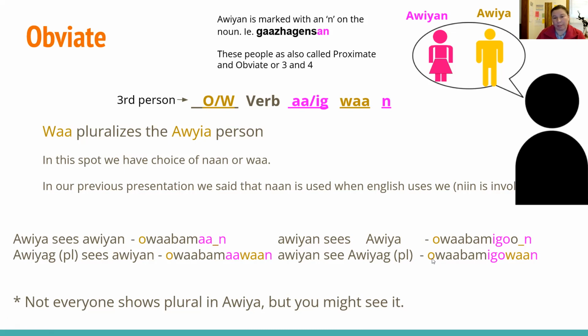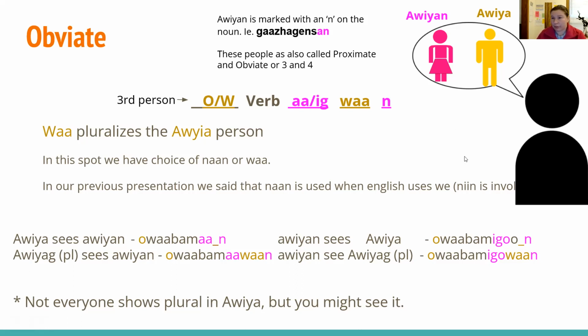So, they are doing to another. In this one, you can see that this spot is left blank. O wa baman. And so we didn't need to put in a third person plural in here because there's singular awea.